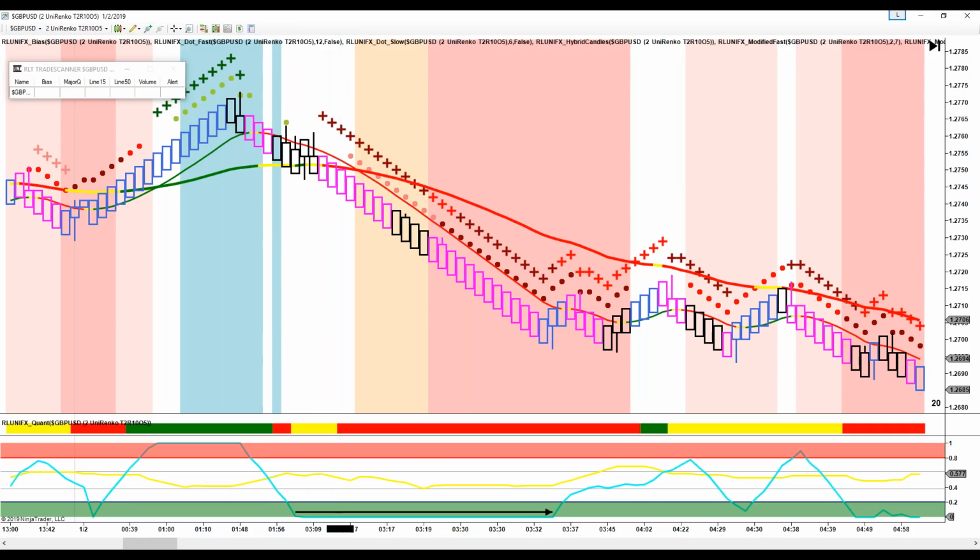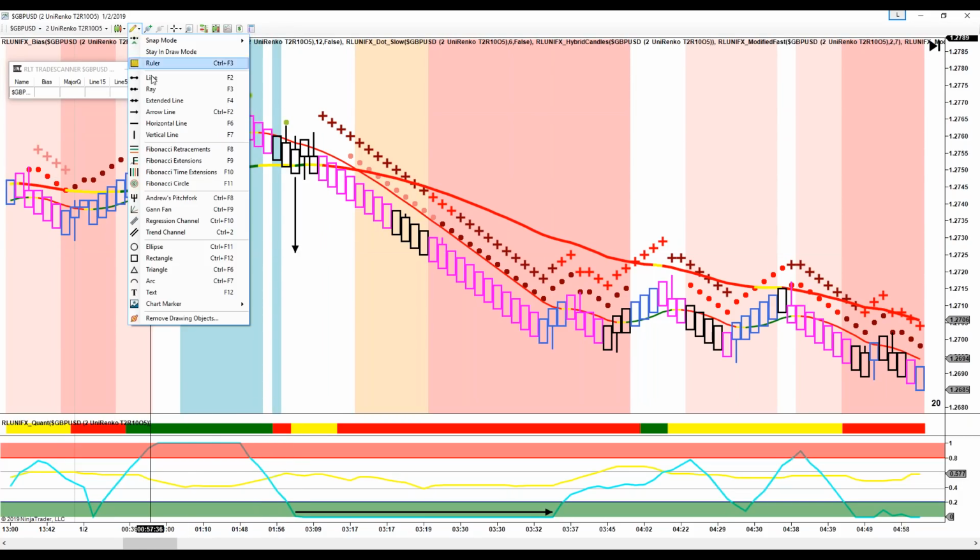So we're not adding more complexity. What I want to do is decrease complexity. So you're going to get that red line to augment the quant line to tell you that the bears are absolutely in control. It starts here and it ends here.